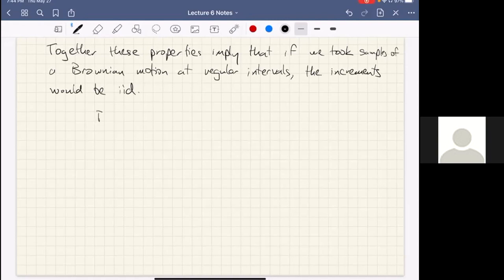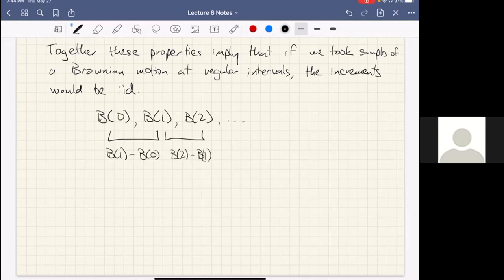To see that, let's sample our Brownian motion at integer time instances. So the increment here is B1 minus B0. The increment here is B2 minus B1, so on. Increment here, B3 minus B2. Increment here, B4 minus B3. So you'll get the idea pretty quick, I think.